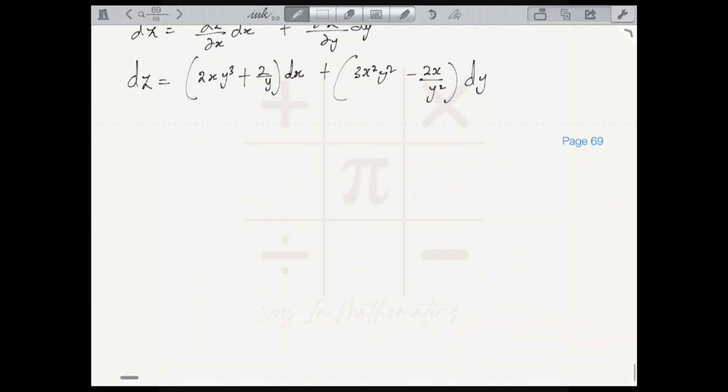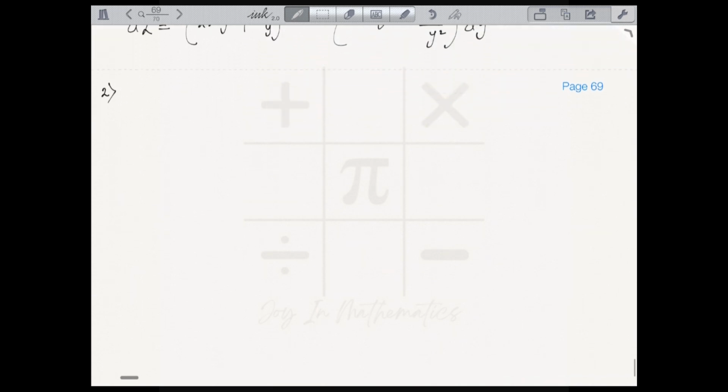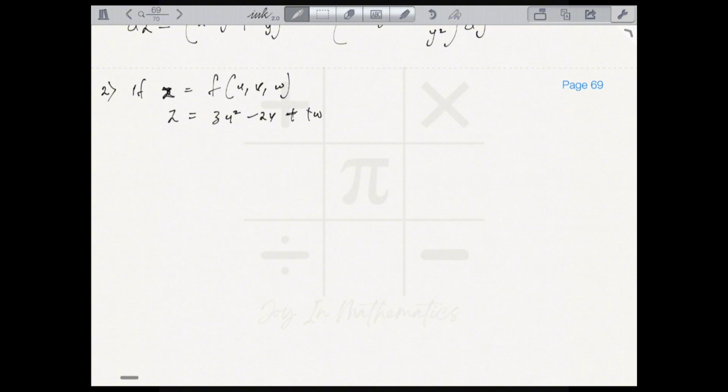Number 2. It says if z is a function of u, v, and w, and z is equal to 3u squared minus 2v plus 4w cubed v squared, find the total differential dz.